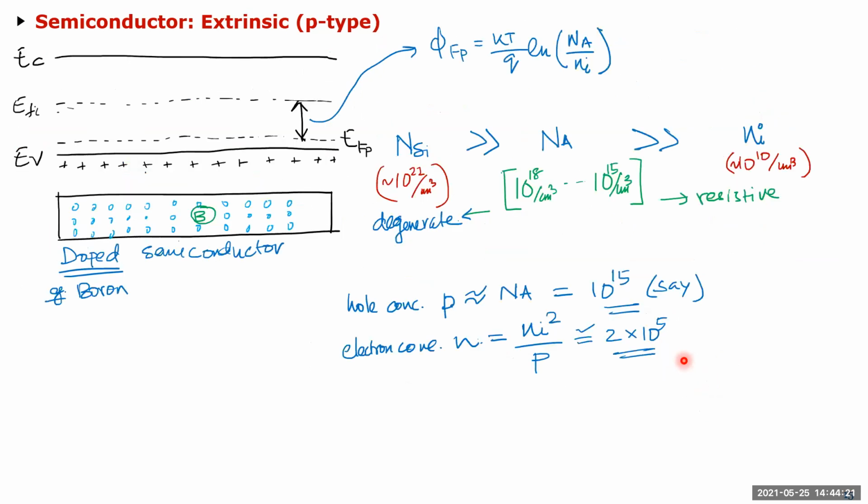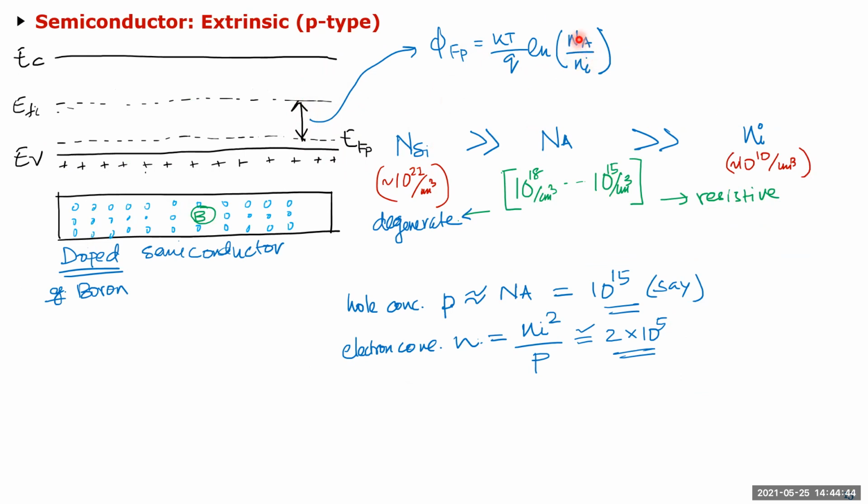Same thing with the p-type. For p-type, you take something like boron, and the Fermi level now drops closer to the valence band. Then the Fermi potential is given by the same number, but it's a positive number now, because it's the Fermi level minus this. In the N case, it was Fermi level minus this, so it was a negative number.